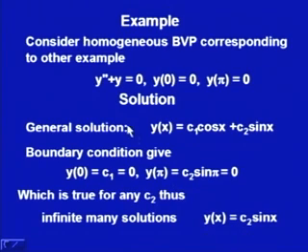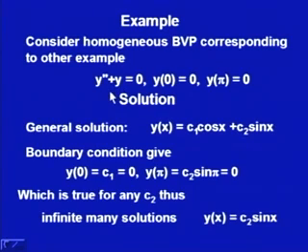Now, let us see this same problem, where I am changing only the equation, because my boundary values are not changing. The only thing which is changing in this equation is the coefficient of y.